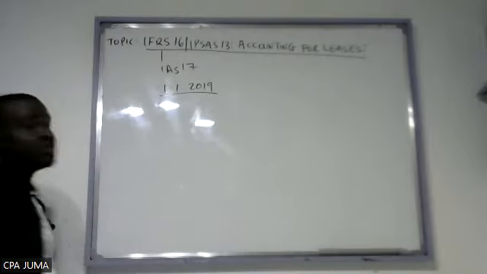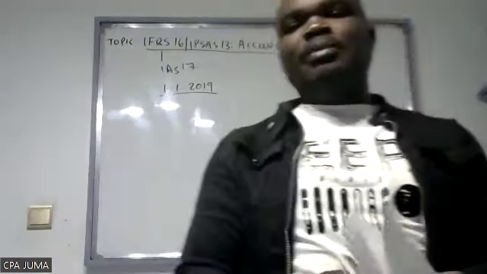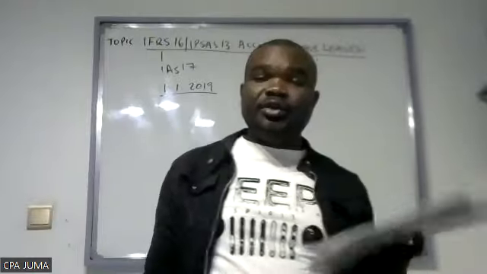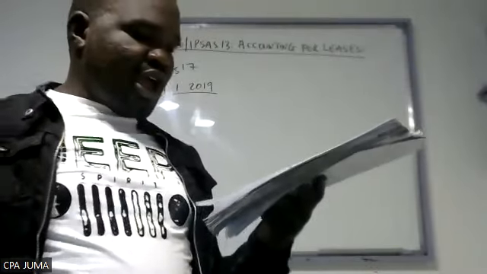That is when it was rolled out for application, so it's very new. In the new standard, IFRS 16, both operating and finance leases are accounted for as, in quotes, finance lease. However, the lessor is expected to account for the leases separately.